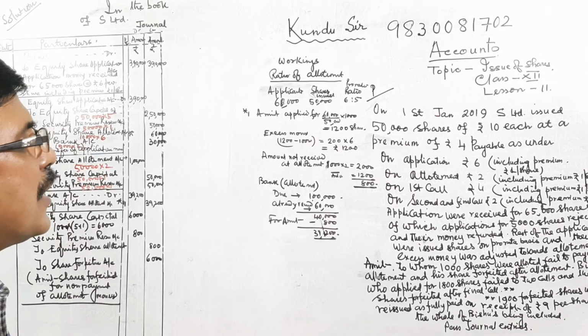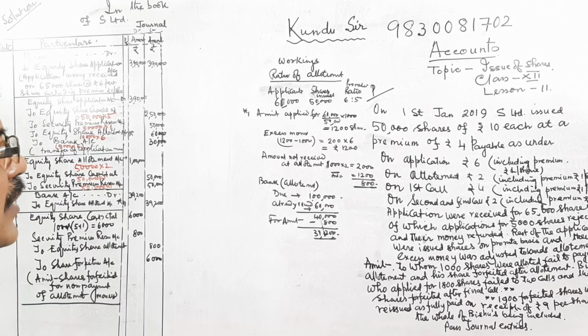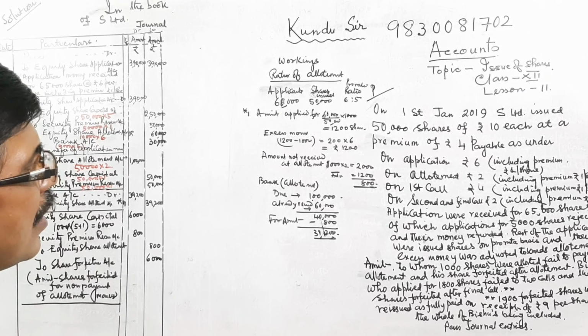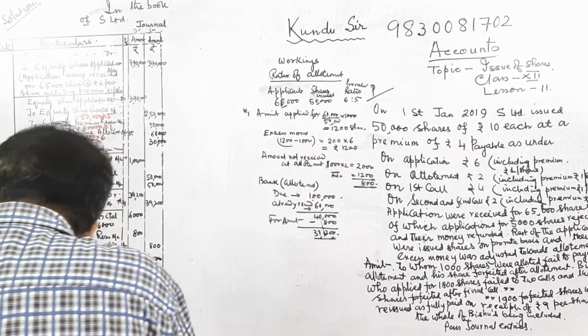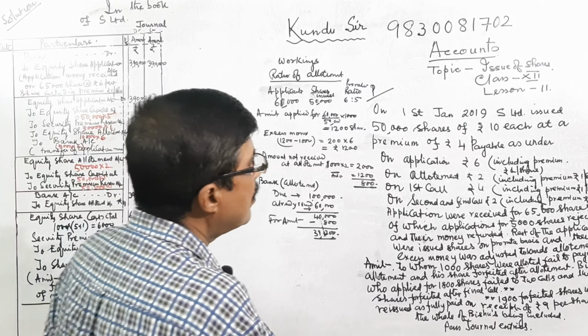First, in January 2019, S Limited issued 50,000 shares of rupees 10 each at a premium of rupees 4, that is 4 rupees premium per share.